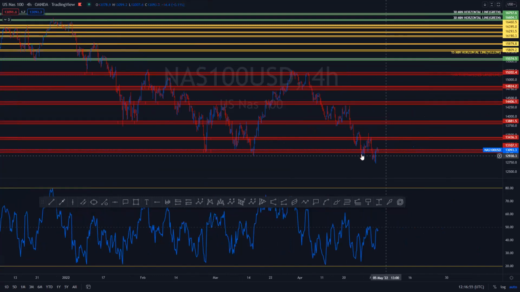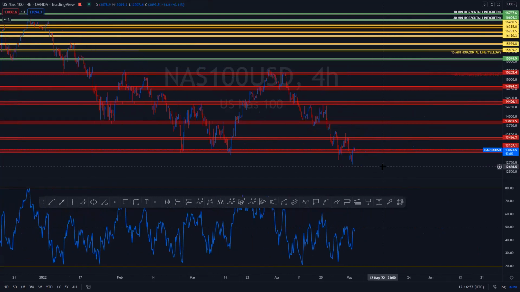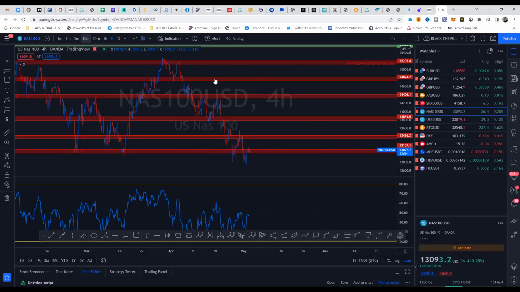And as we can see, this is where current price is at. So what we're going to do is go on ahead back to the 15-minute.